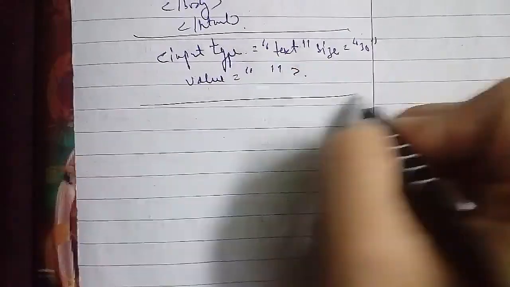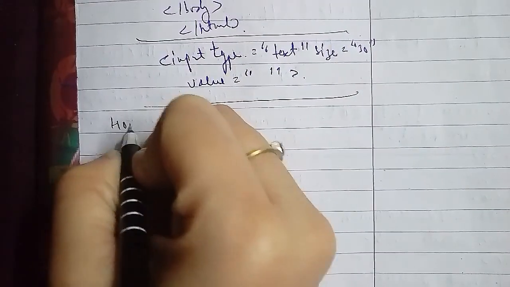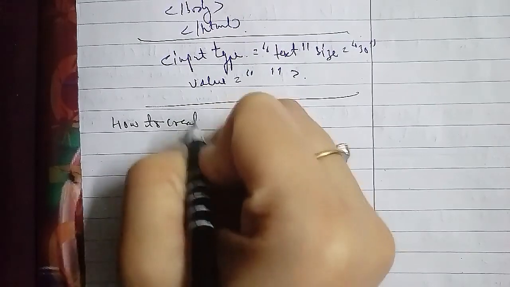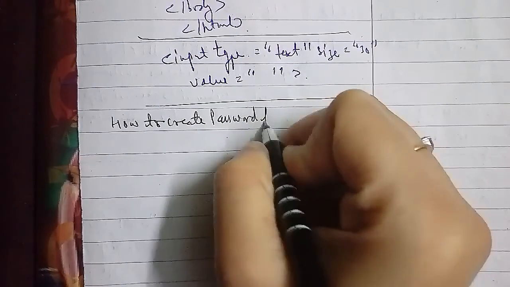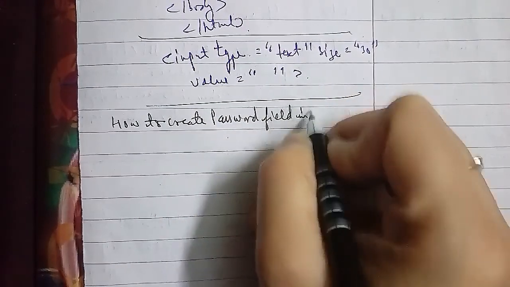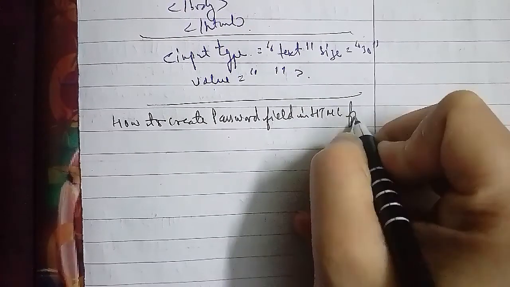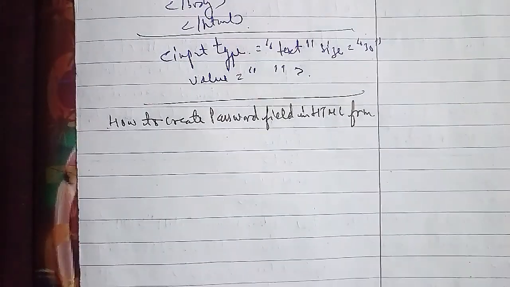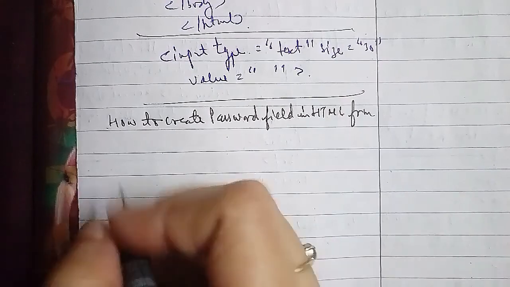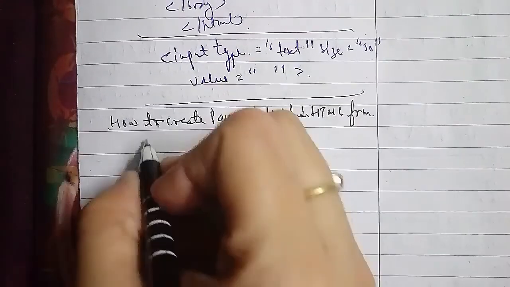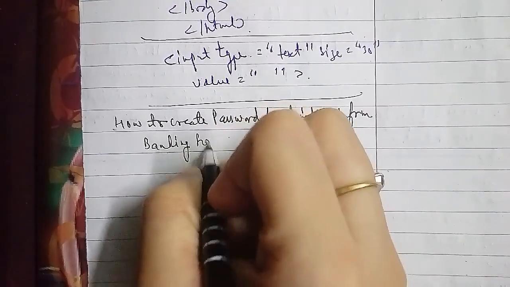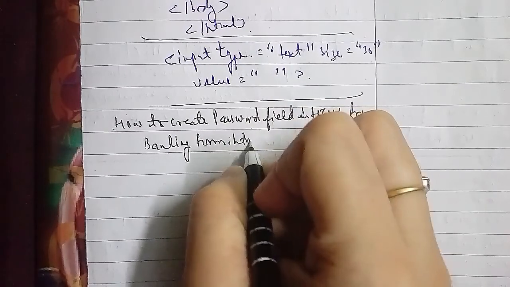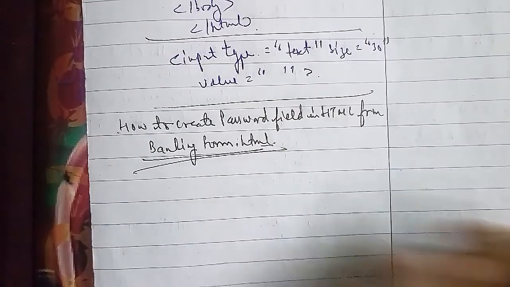Body bgcolor equals to khaki, alignment is center, then h2 online registration form, then center, form name form1.